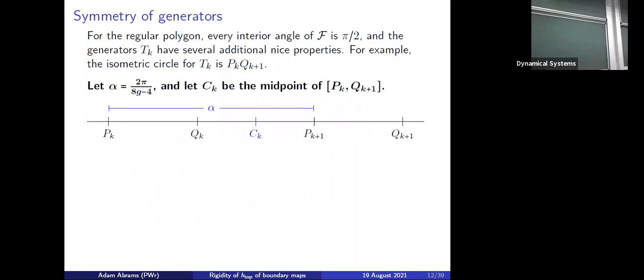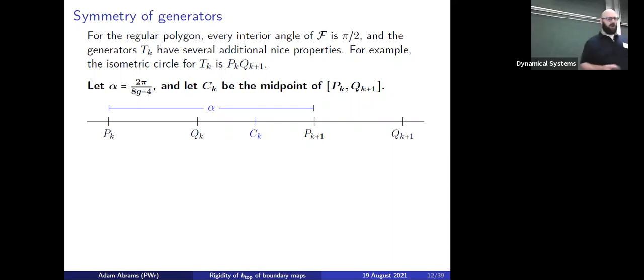When you have a regular fundamental polygon, that helps because you get some other information about these generators, as I call them, these capital T_k that map sides together. The isometric circle of T_k is going to be exactly the geodesic from P_k to Q_{k+1}, which I had drawn earlier.